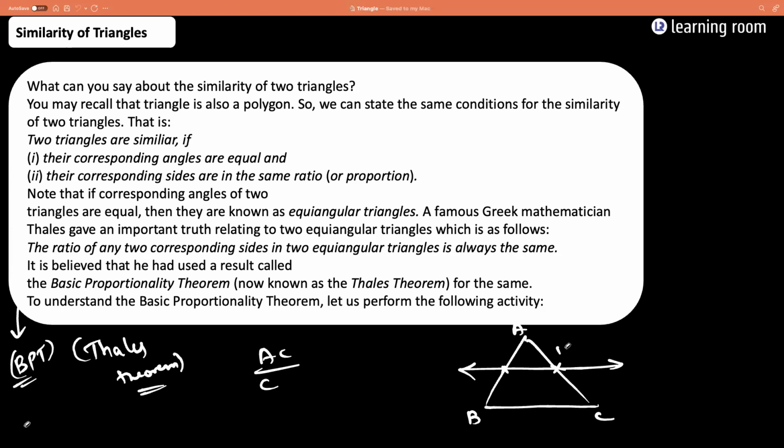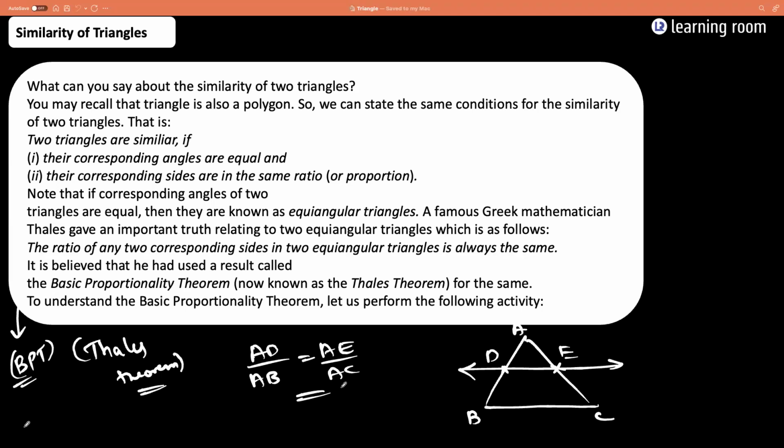AD by DB equals AE by EC. That's right. AD by AB is equal to AE by AC. Right. So if I ask you the proof for it, can anyone say?